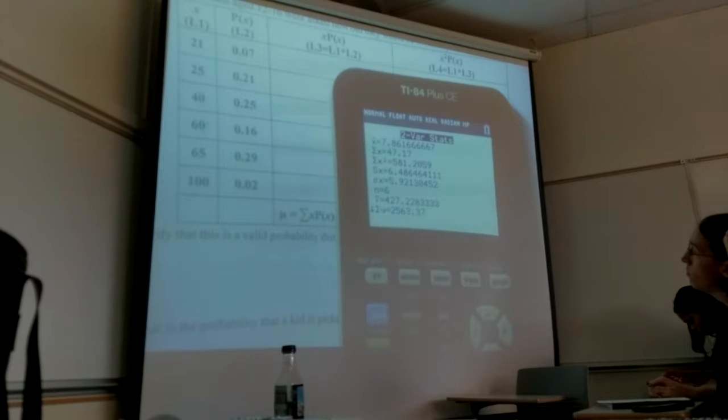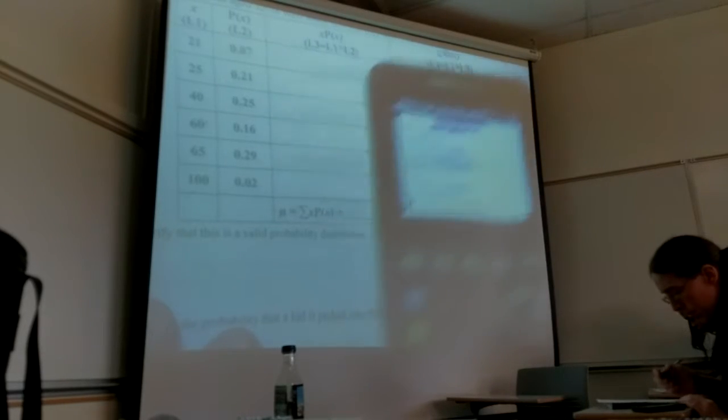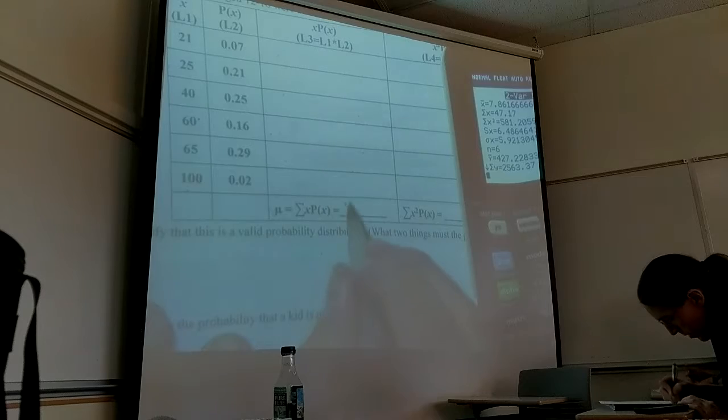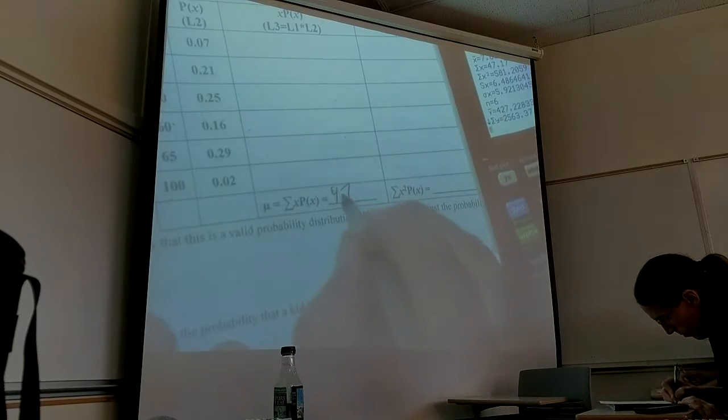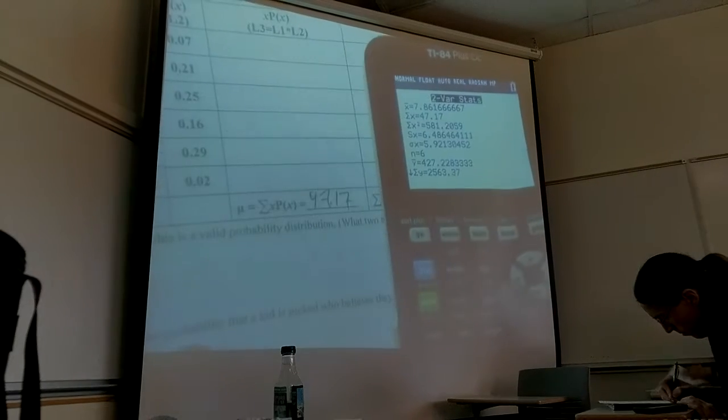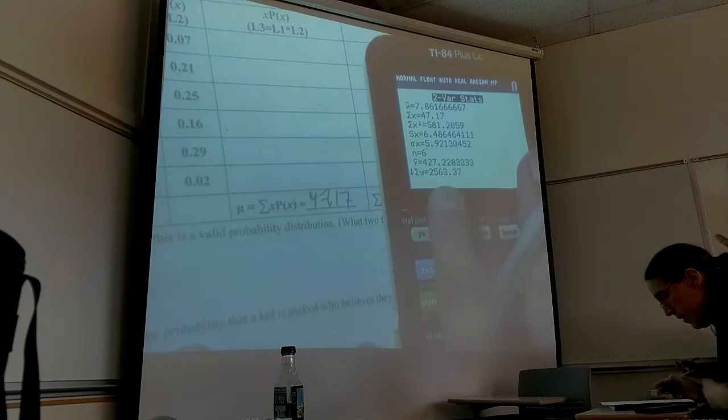It assumed L3 was the x variables, and L4 is the other column, so guess what it's going to call it? It's going to call it y's, because that's the other variable. And aren't those the numbers you guys got? Sum of x, 47.17, and sum of y, 2563.37.